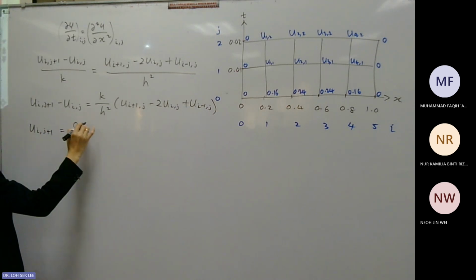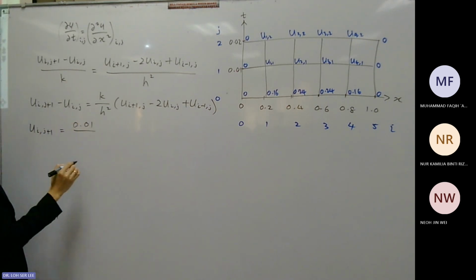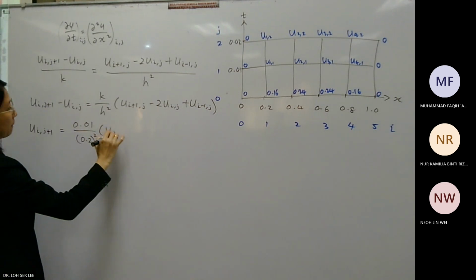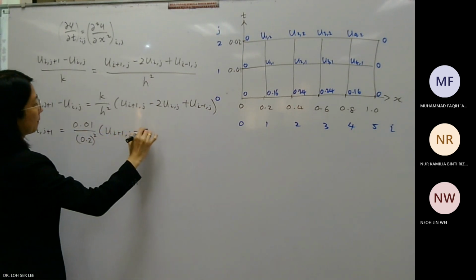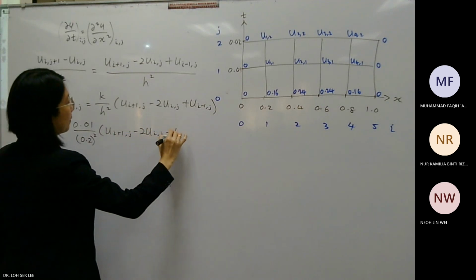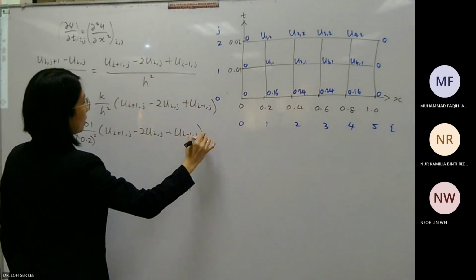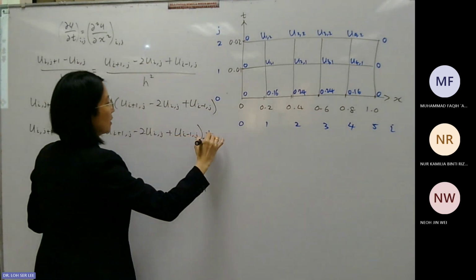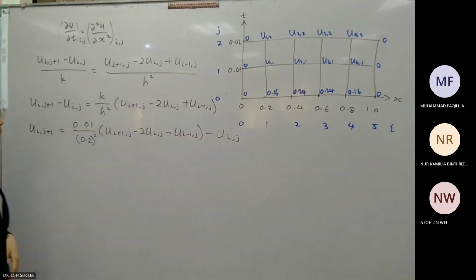K is 0.01, h is 0.2. Okay, then to bring this to the right, it will be plus Uij. Then simplify.